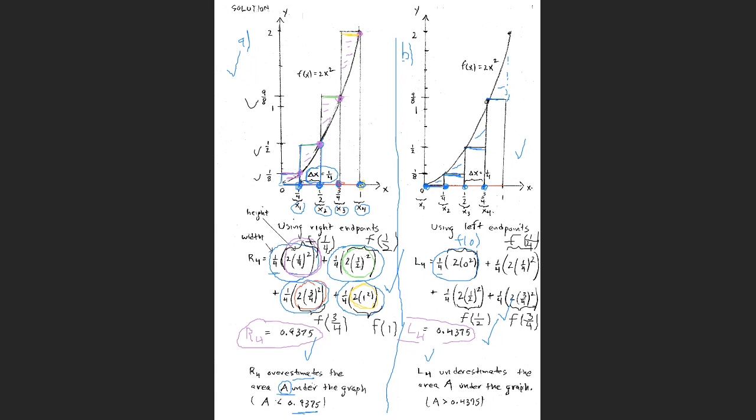Now the book works out a similar example, example 2, where their function is f of x equals x squared. It isn't 2x squared, it's just f of x equals x squared. I wanted to do something a little different, to have a 2x squared for our example. But let me show you here.